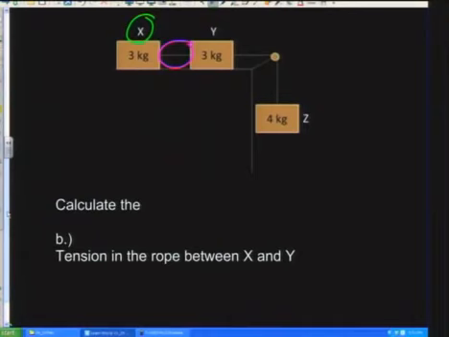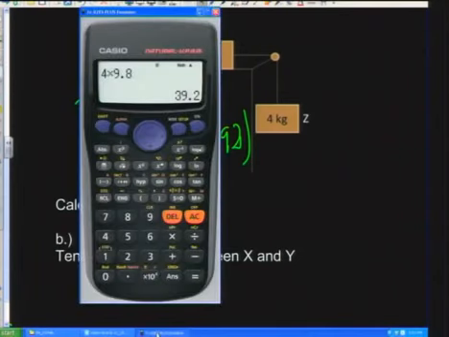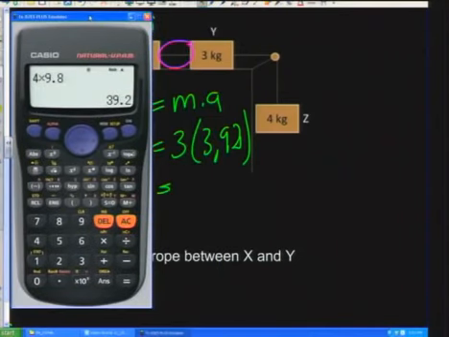So if I want the tension in the rope, I only have to look at one end. And I can say the tension is equal to the resultant force on x, which was the mass times the acceleration. We know what the mass was. The mass is 3 kilograms. The acceleration was 3,92. And we can therefore work out that the tension is equal to, we divided that by 10 to get the acceleration.